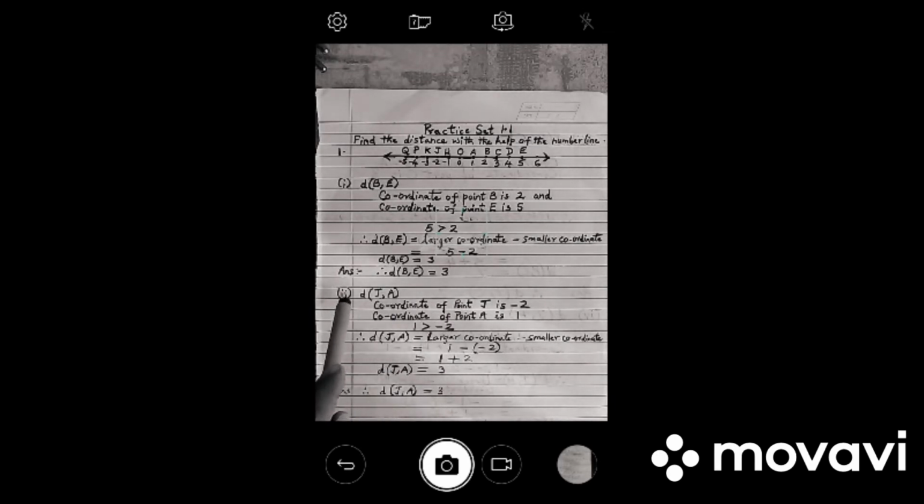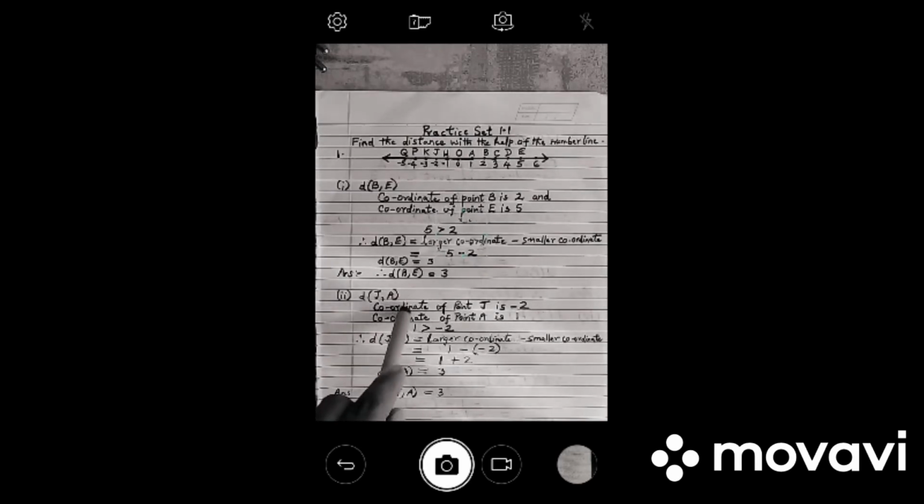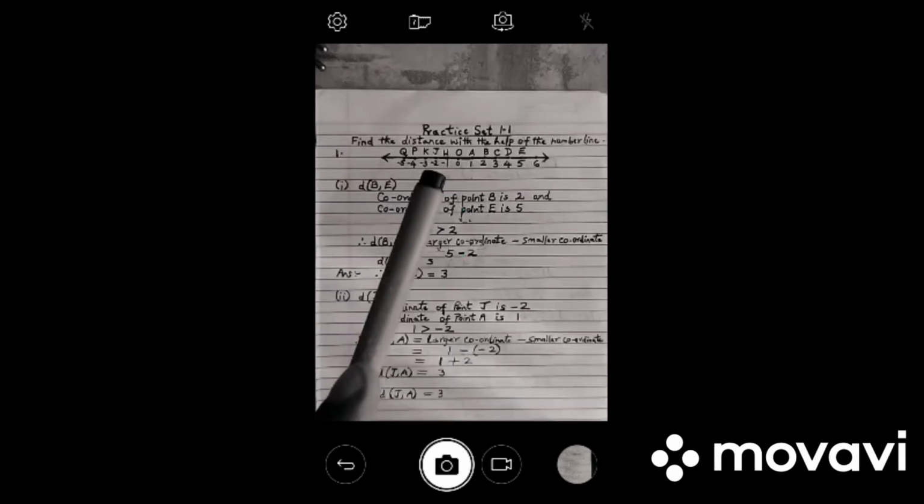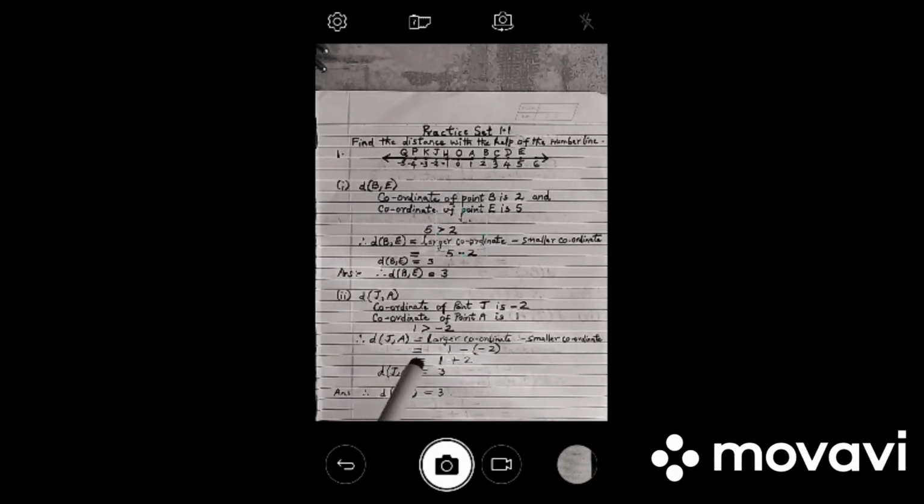Now let us solve the second sum. Distance JA. We have to find the distance of JA. Therefore the coordinate of point J is minus 2. If you look at the diagram, J is minus 2 and the coordinate of point A is 1. Now 1 is greater than minus 2.